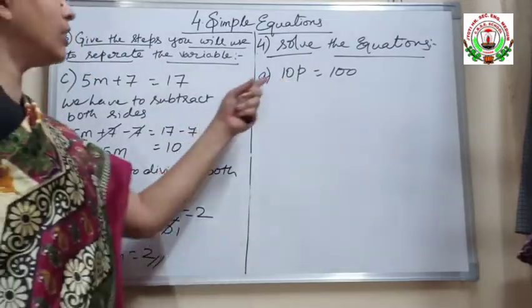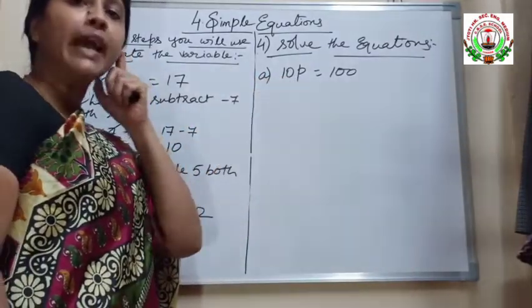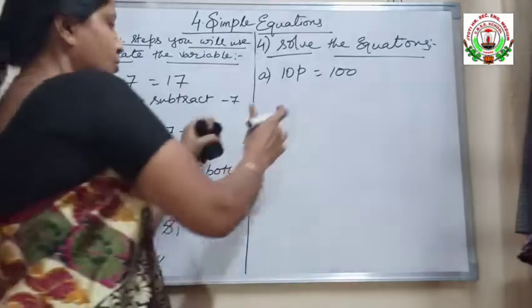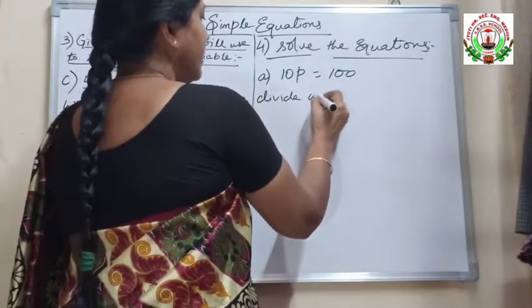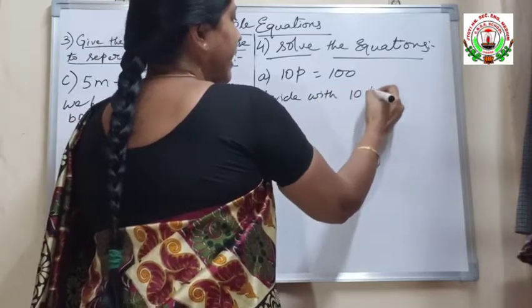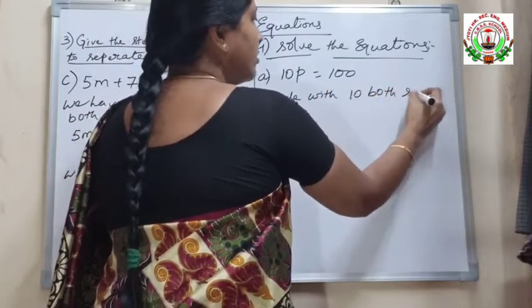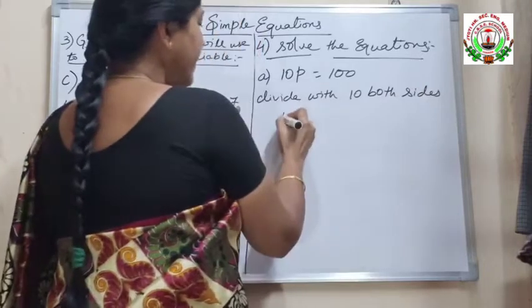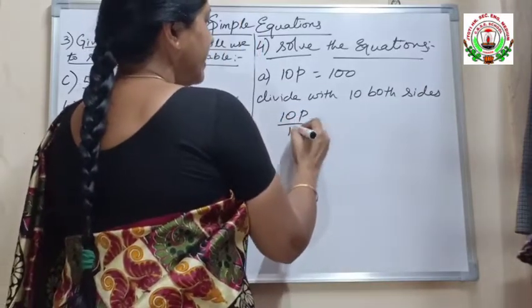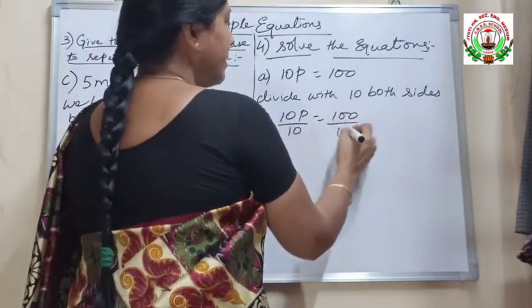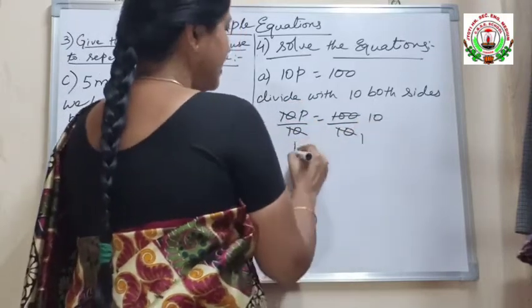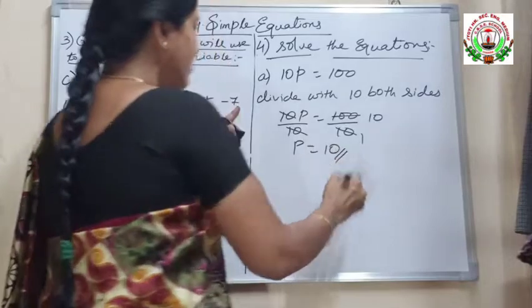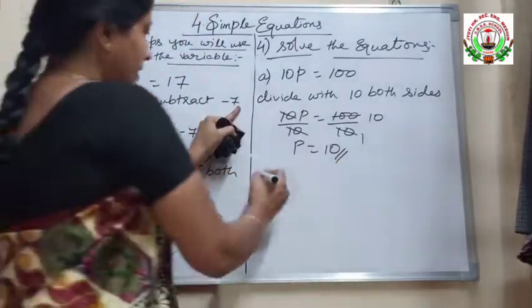They have given only multiplication part, so we have to divide. So divide with 10 both sides. So this will become 10p by 10 is equals to 100 by 10. This 10 got cancelled. 10 ones are 10, 10 tens are 100. So answer p is equals to 10 is your answer.